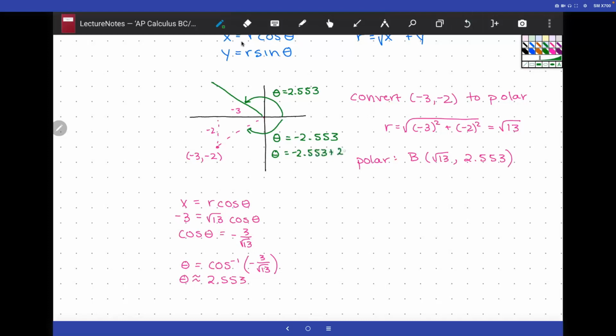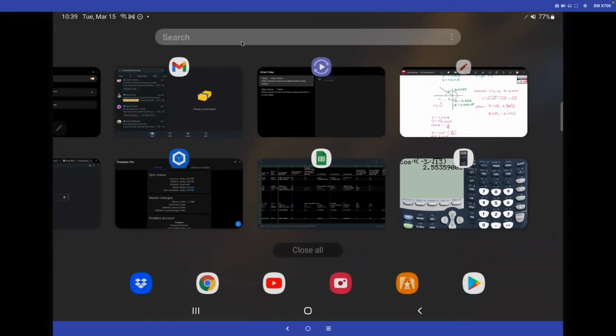Go around a circle, and it'll get us to the same place. So this wasn't quite right, but we were almost there. We could say negative 2.553, or I'm going to go ahead, since we're in decimal.